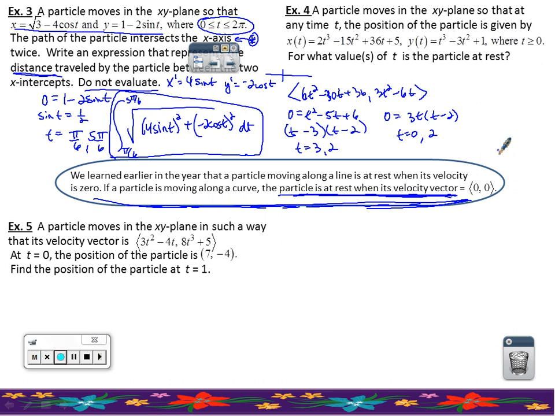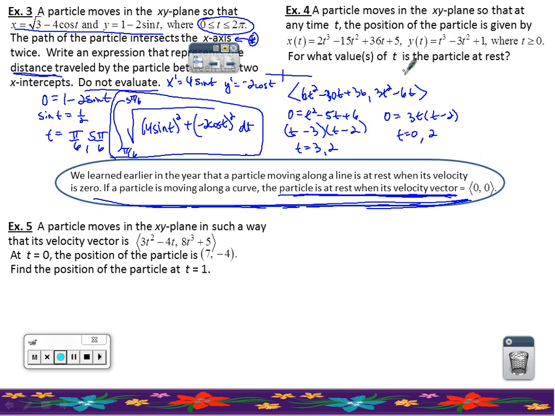Okay. So at what time is the particle completely at rest? 2. It has to be at rest on both the horizontal and vertical component. It can't be at rest at just one. What do you think that means, though? At time equals 3, when my horizontal component is at rest, what does that mean in relation to the other parts of the vector?